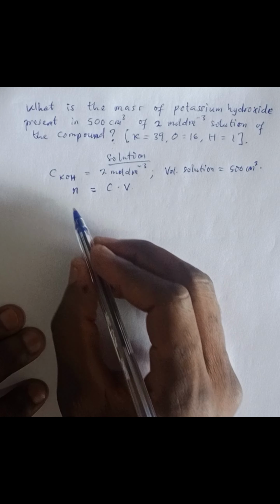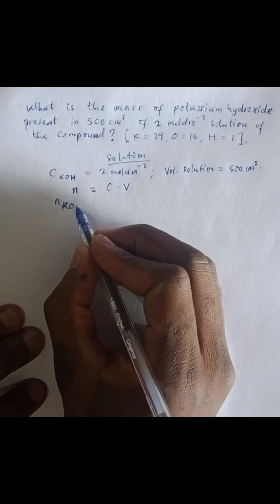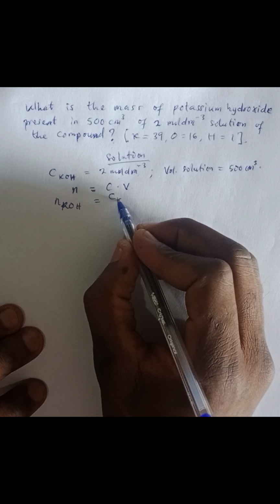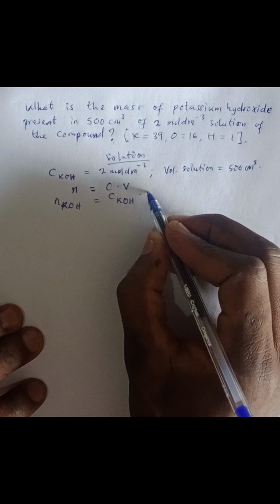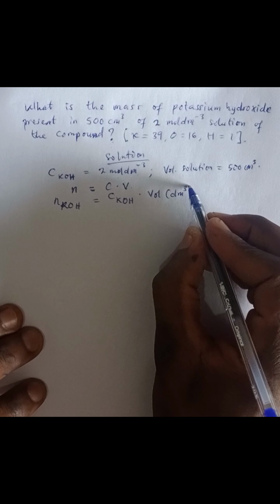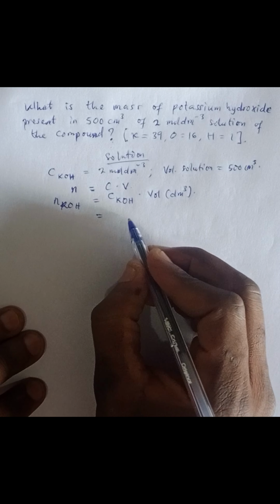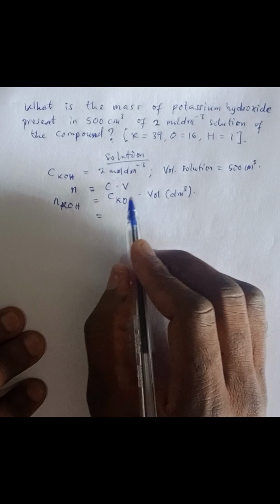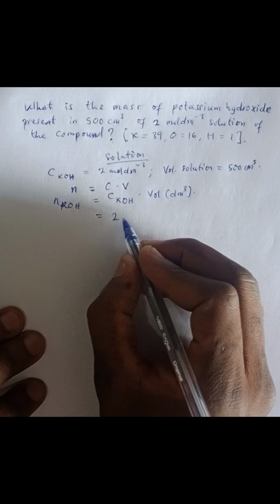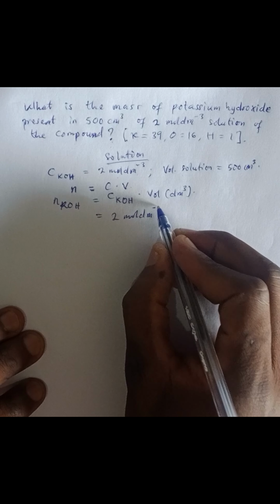Which means the number of mole of potassium hydroxide will be equal to concentration of potassium hydroxide multiplied by the volume of the solution in decimeter cube. Take note, decimeter cube. Then what is the concentration of potassium hydroxide given? That is 2 mol/dm³.